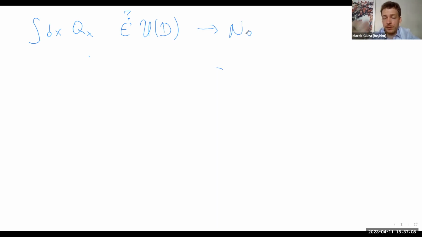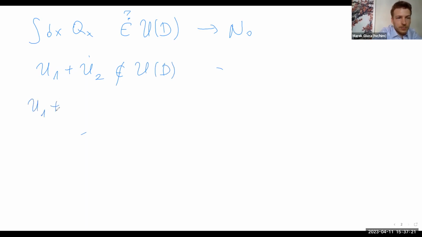So it's much better to be taking products, and under summation, U1 plus U2 is most likely not unitary anymore. And to check this, we would take (U1 plus U2) dagger, (U1 plus U2), and we will get twice the identity.